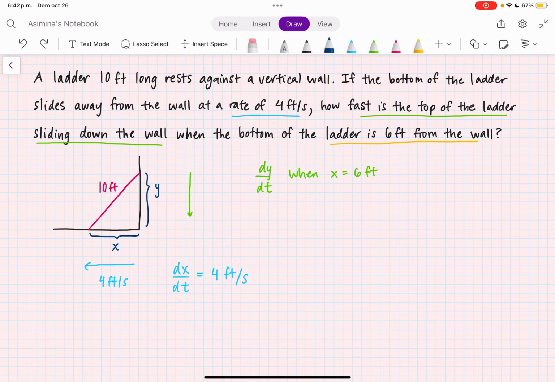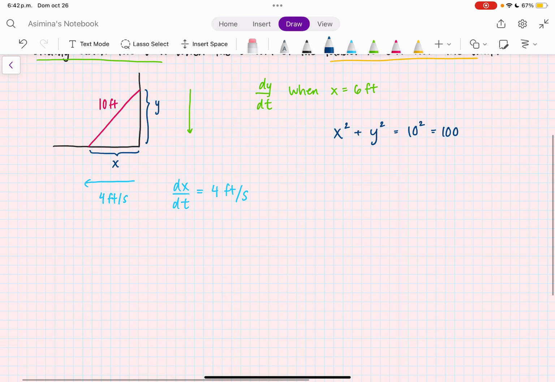So I can write the following equation: x squared plus y squared equals 10 squared, which is 100. Great. Now I can differentiate both sides of this equation with respect to t. So what does that look like?